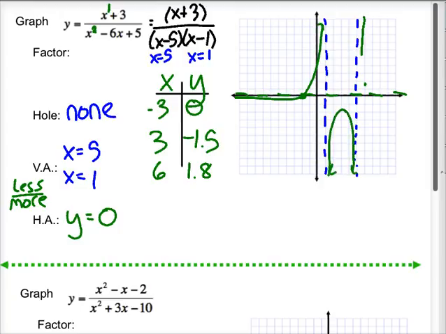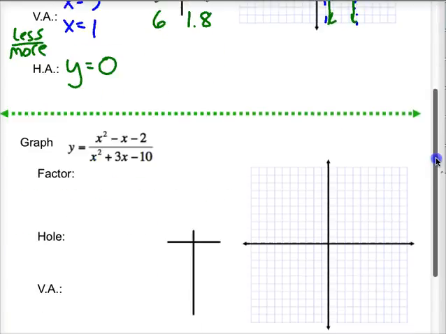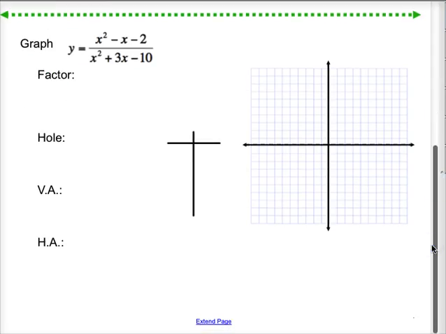Then that. And then like that. Okay? So again, you don't have to know the shape yourself. All you have to do is be able to sketch what the calculator is giving you. So let's do one last example, and then you can go and work on your practice work.